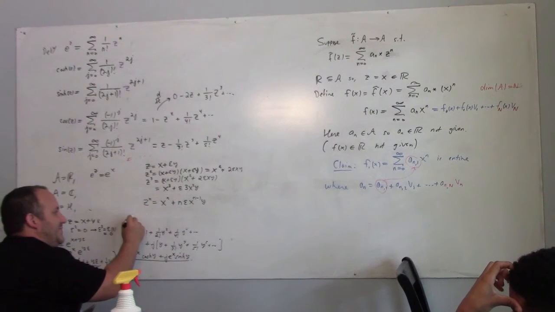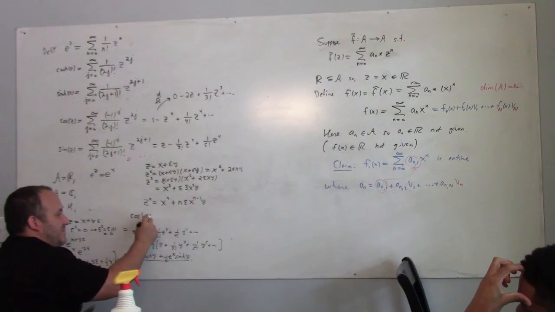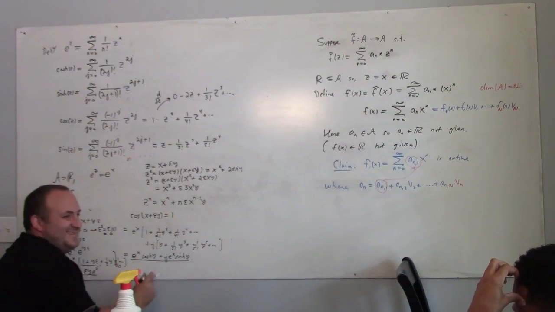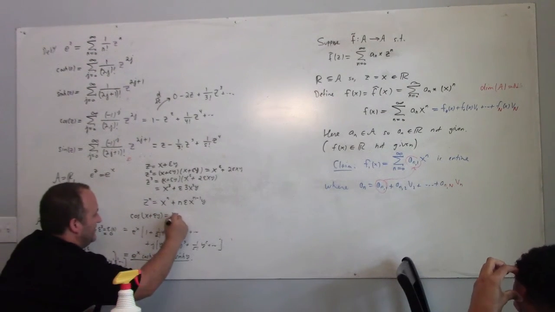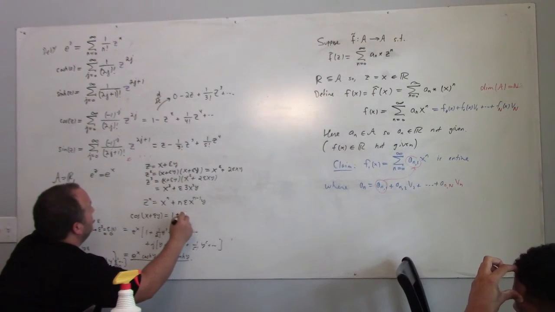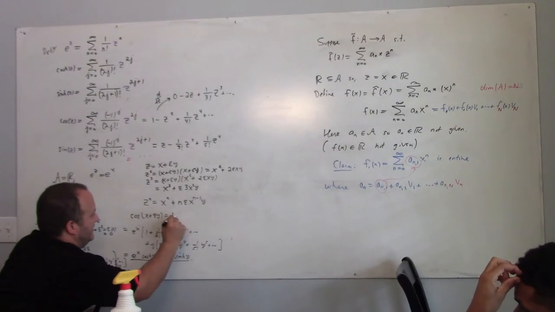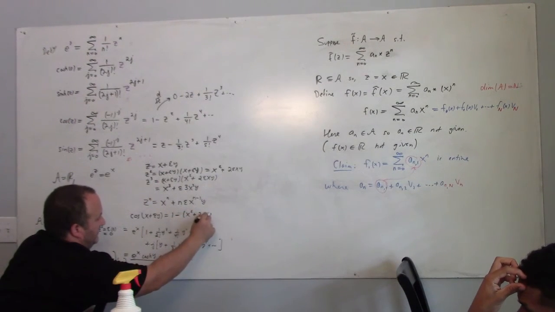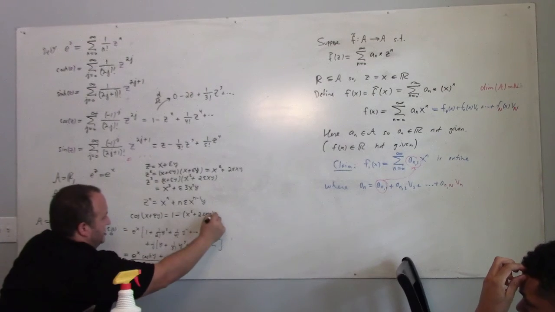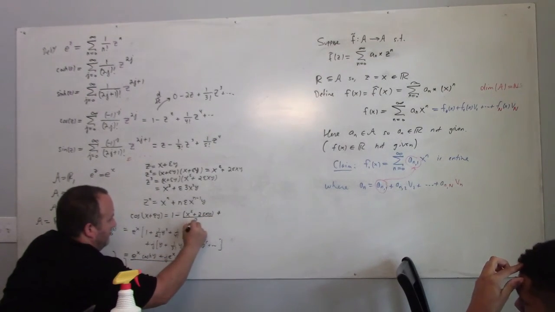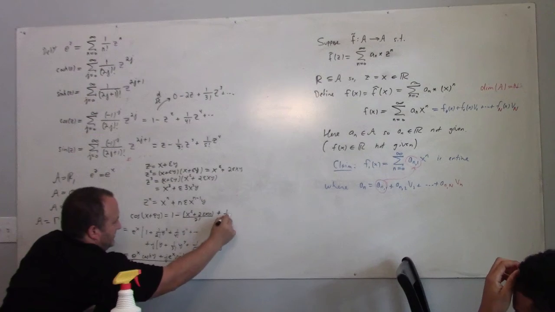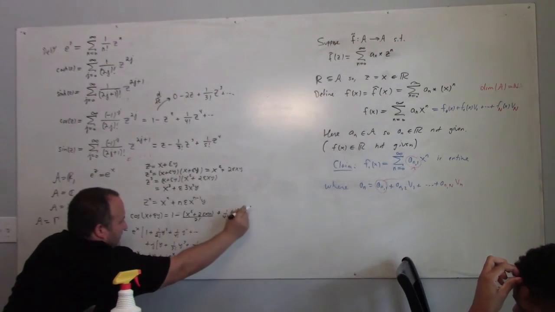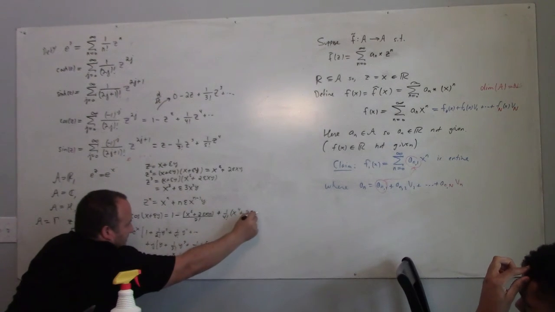So what that means is that cosine of x plus epsilon y is 1 minus x squared plus 2 epsilon xy, and then plus, it's supposed to have a 2 factorial, 4 factorial, x to the 4th plus 4, excuse me, I can't do math, 3 epsilon xy.